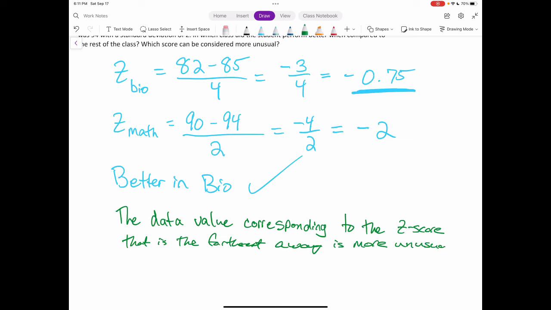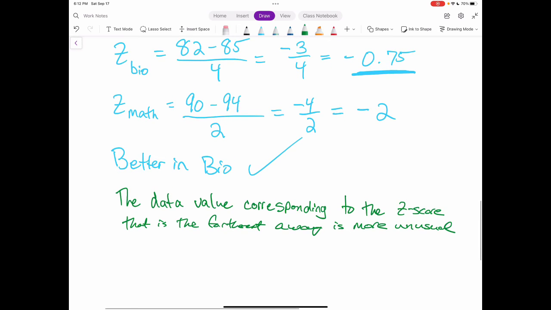Because remember what we're talking about. Remember, a standard deviation is a typical value away from the norm, right? So the more standard deviations we're away from the mean, the more unusual it is. And the way that we look at that is we just simply look at them and we say, okay, negative 0.75, that's 0.75 standard deviations to the left of the mean. A z-score of negative 2 means we are 2 standard deviations to the left of the mean. Well, which one's farther away? And it doesn't matter which direction you go. It's just which value is farther away. Well, the math score is 2 standard deviations away, so math is the more unusual score.